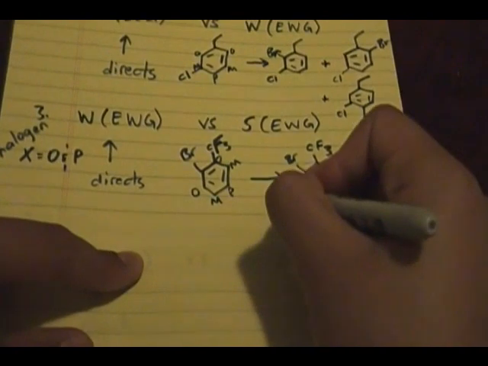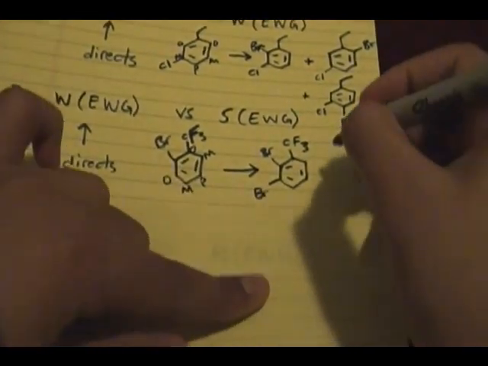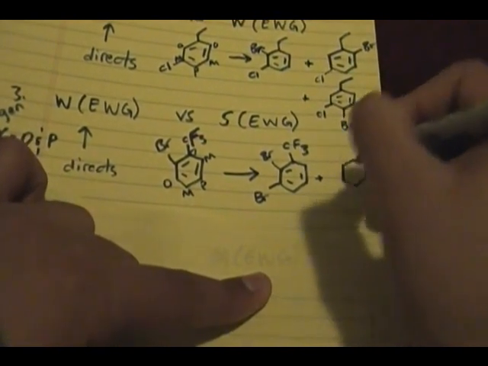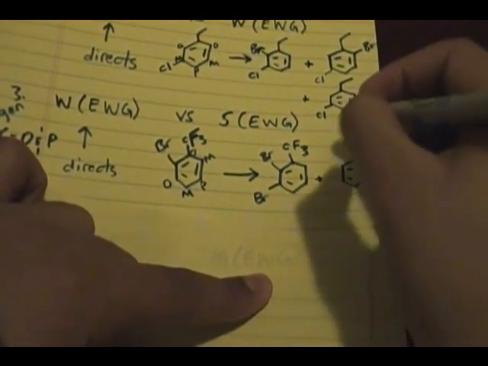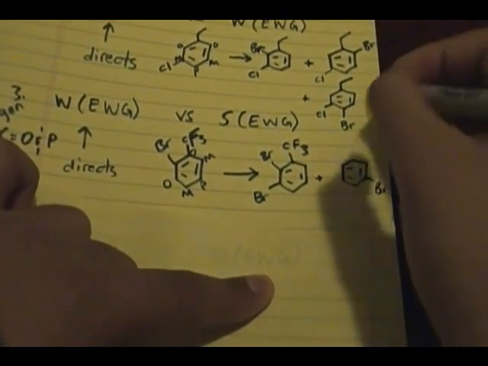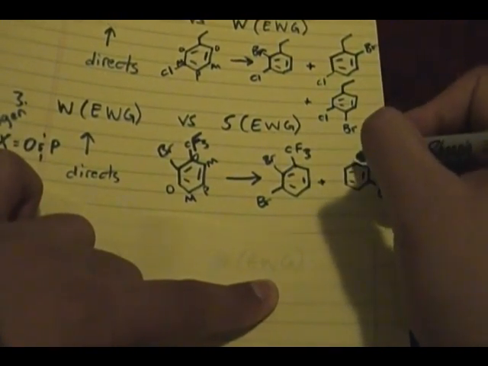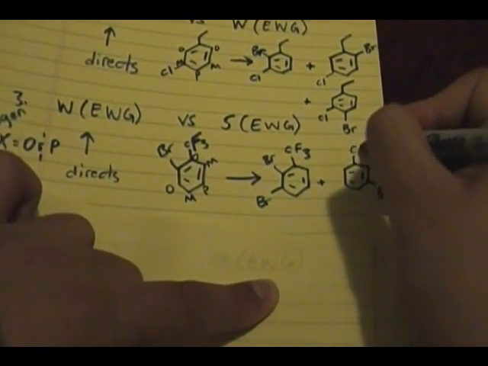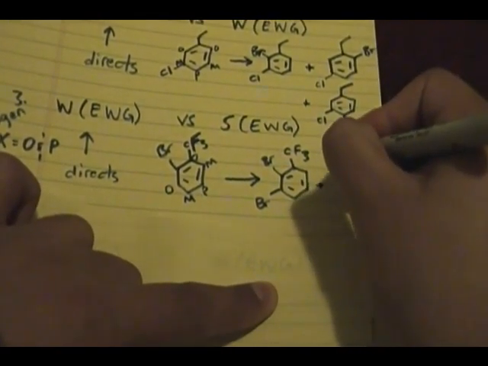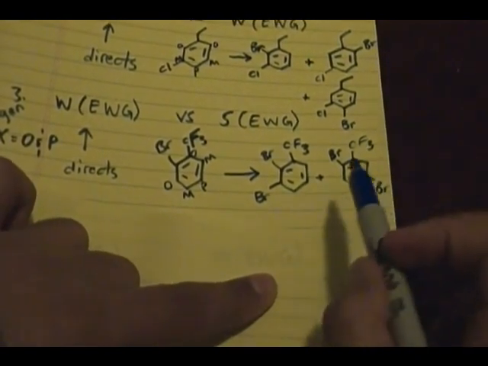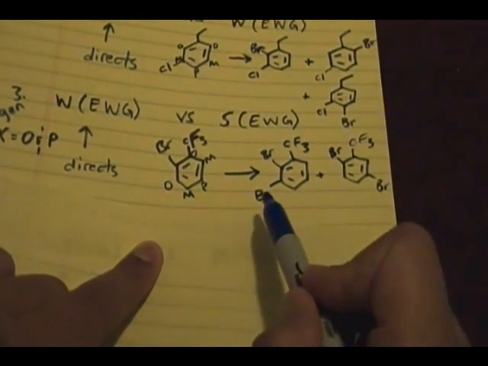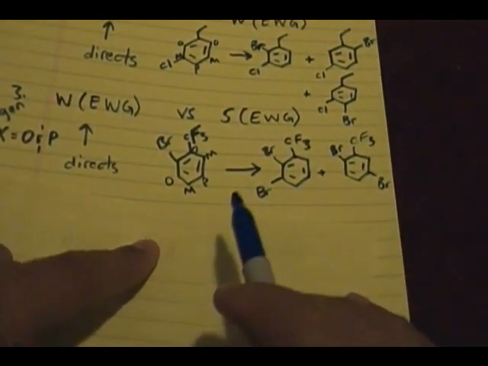You have a bromine here, plus you have a bromine here in the ortho position, and let's just say you have a CF3 there, and you have your bromine there. Okay, so this bromine directs it to the ortho and para position. So there you got the ortho position and the para position.